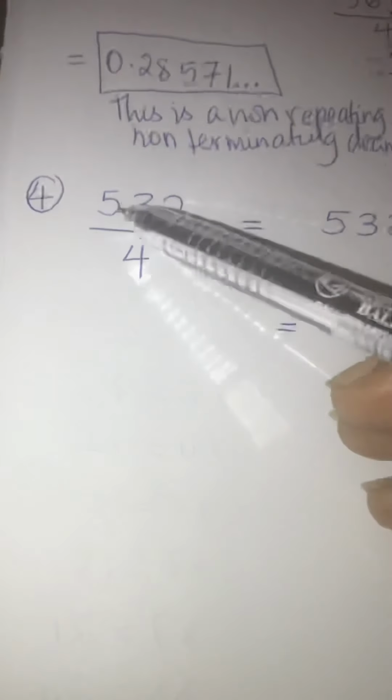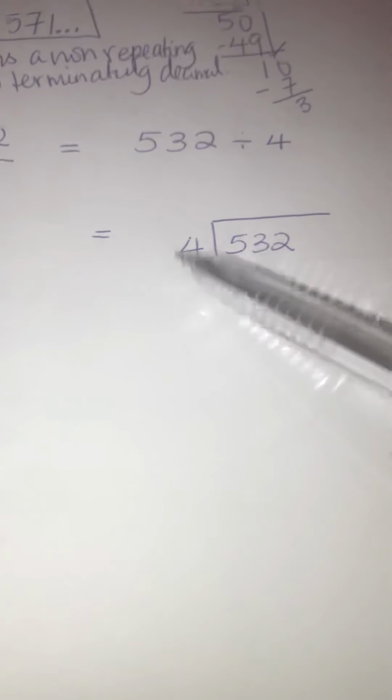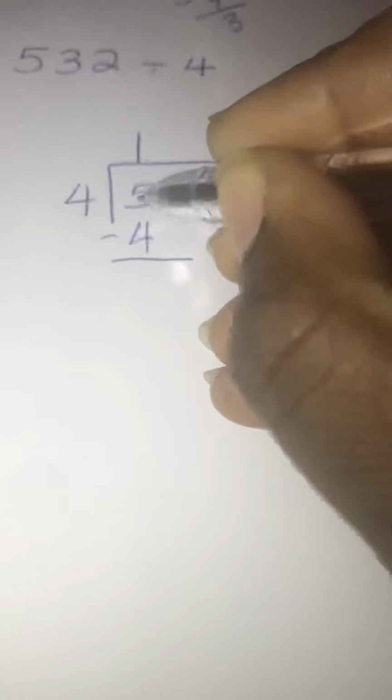All right, let's do the last example. So now I have 532 divided by 4. The numerator goes inside, the denominator goes outside, and I do the times table for 4. Okay? 4 goes into 5 one time. It gives me 4. I subtract. 5 minus 4 is 1.